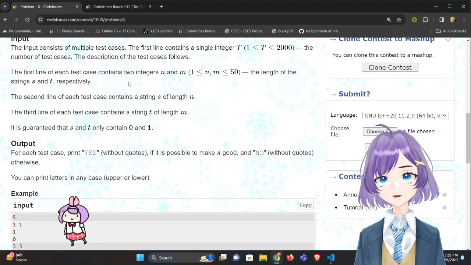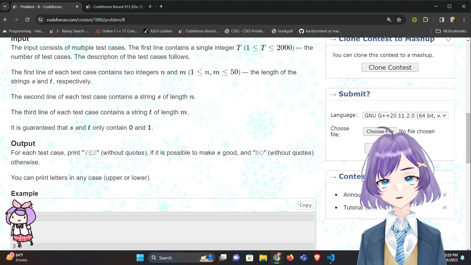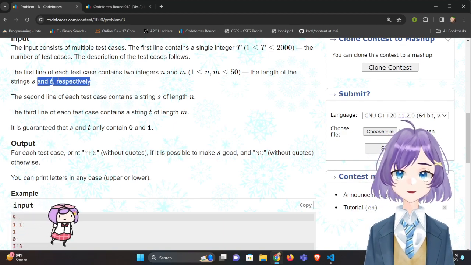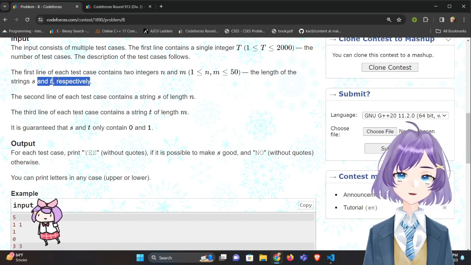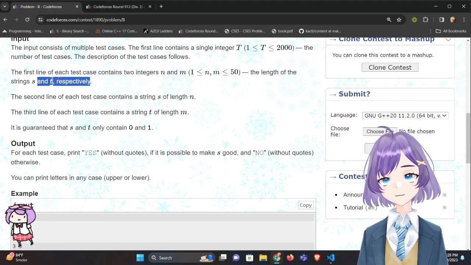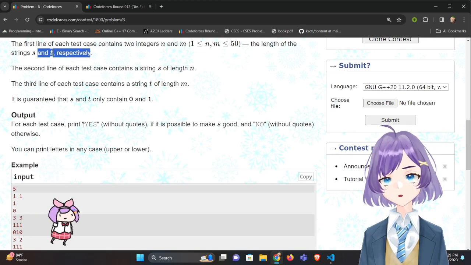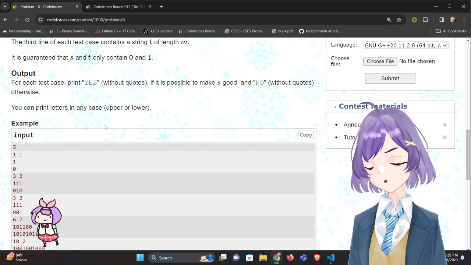Number of test cases, then two integers n and m, the lengths of the two strings. The second line of each test case contains a string s of length n and the other a string t of length m. Both strings are guaranteed to contain only 0 and 1. Print yes if it is possible and no if it is not.